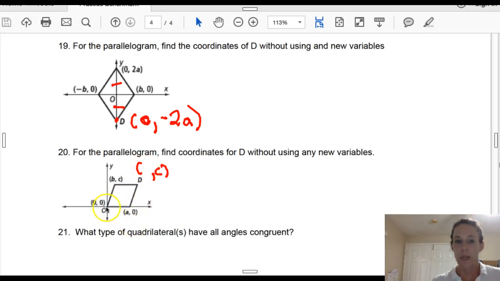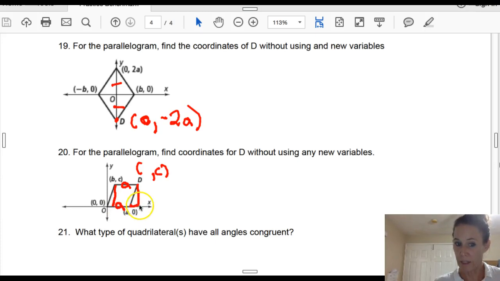Well, let's think about this. This length here is a, because I go from (0, 0) over a. This length here also has to be a because this is a parallelogram. Opposite sides are congruent. If this length here is a, and from here to here, I go over b, I'm just going to add over on this side. That's how much more I went from here to here. So if I straighten this out, I would go all the way over to here.